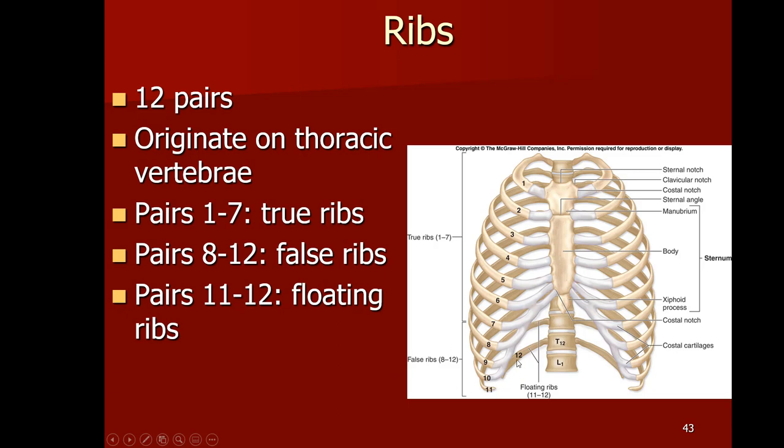These are called floating ribs because they don't make any contact whatsoever. So to reiterate, pairs 1 through 7, true ribs because they make direct contact. 8 through 12 as a whole are called false ribs because they don't. And then taking it a step further, 11 and 12 are floating because they don't make any contact whatsoever.